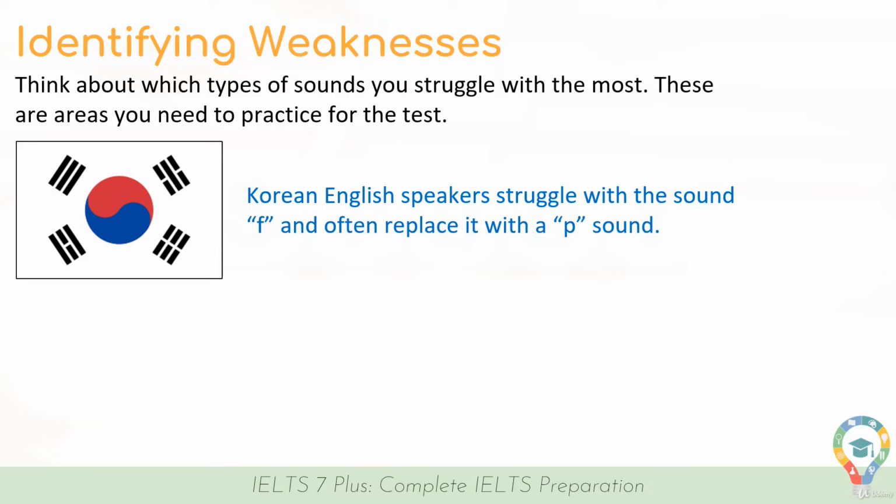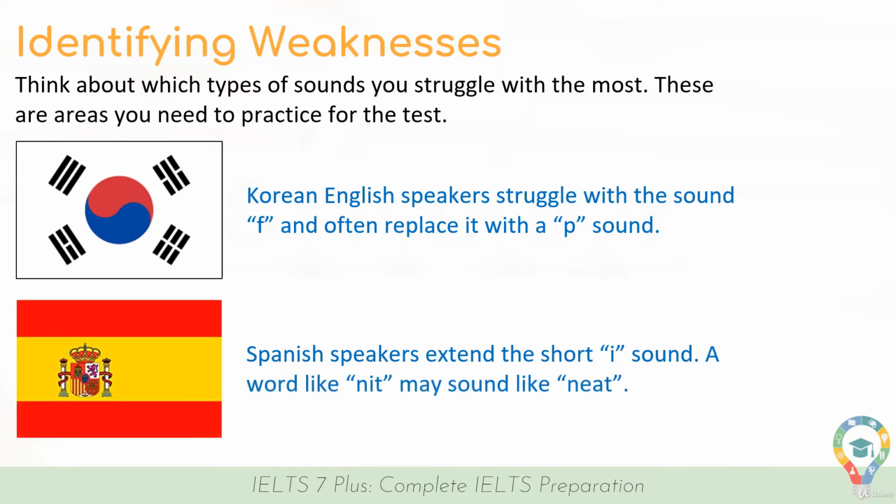Korean English speakers often struggle with the F sound and replace it with the P sound. Now that's because in their native language they don't have this F sound. So I would advise Korean English speakers to work particularly on that sound. Spanish speakers often extend the short I and make it into an E. A word like knit may become neat.